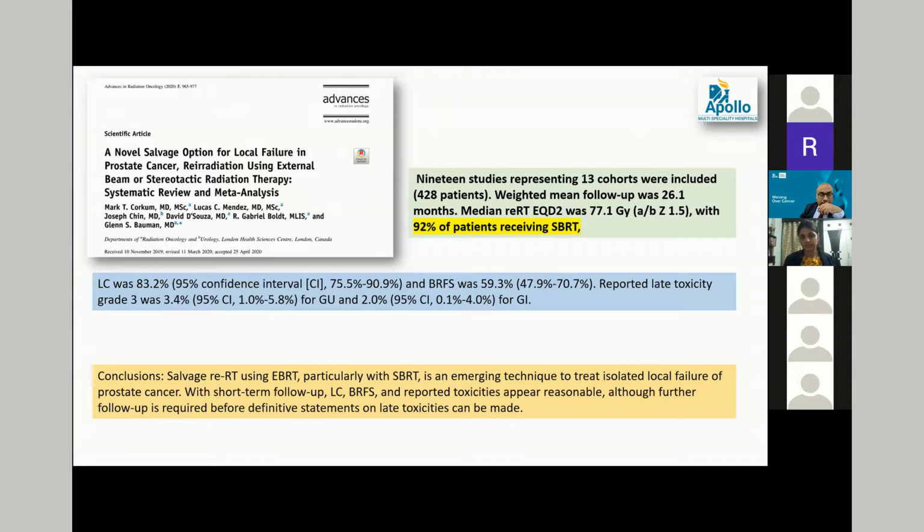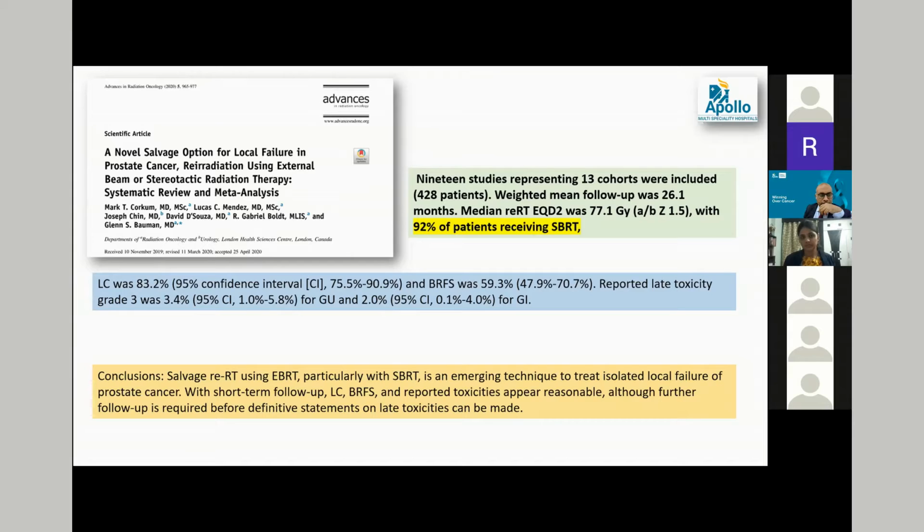So another data, this is a meta-analysis actually, a systematic review and meta-analysis of 13 cohorts, 19 studies, 428 patients, and the weighted mean follow-up was 26.1 months, median RT EQD2 was 77.1 gray, and in this cohort, 92% of patients received SBRT.